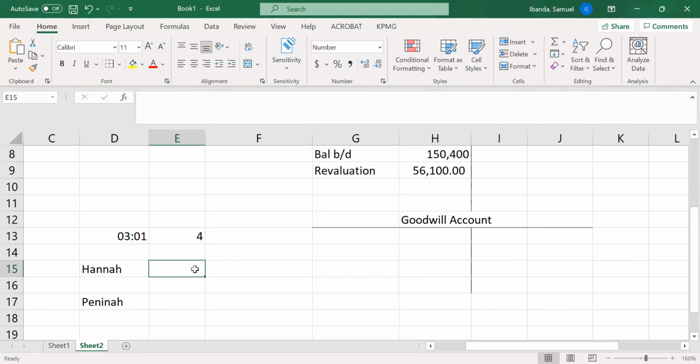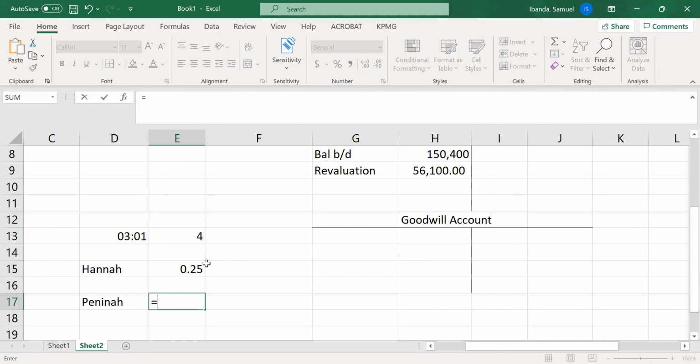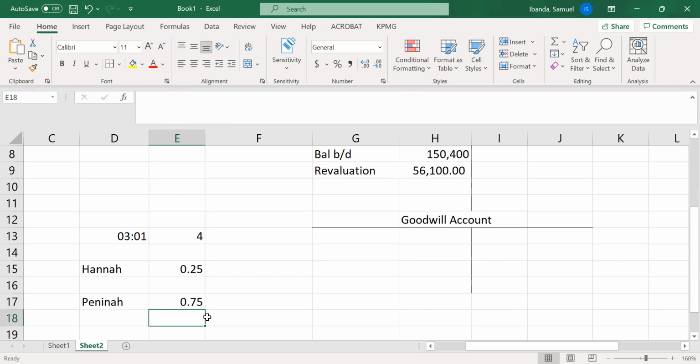This you can do on your calculator. So 1 divided by 4 is 0.25. Because the total ratio is 4, this will be 3 divided by 4, which is 0.75.